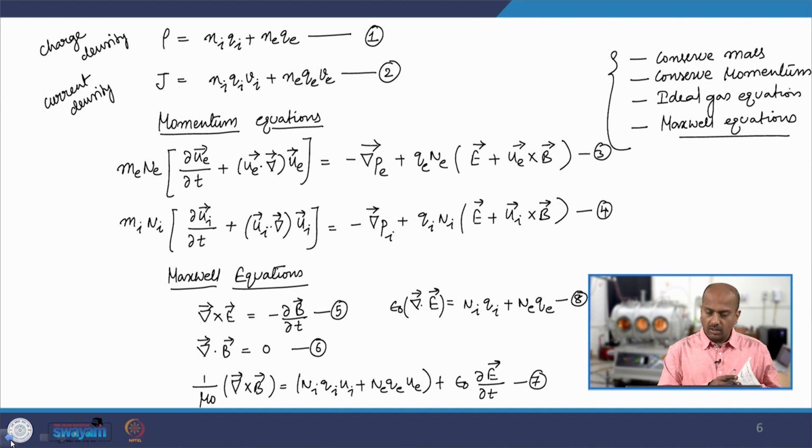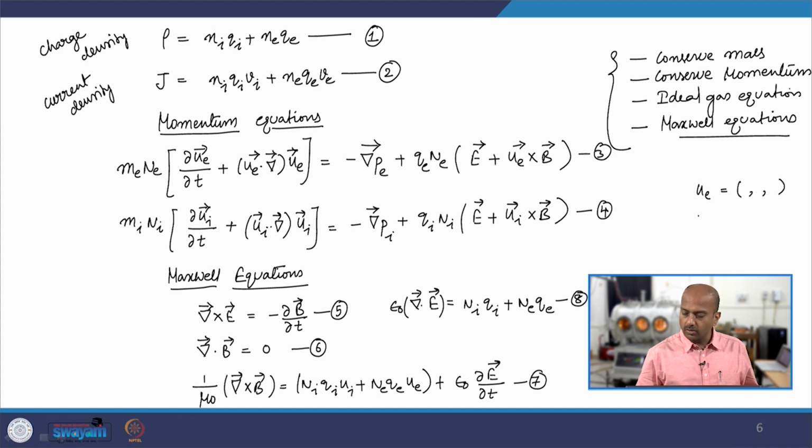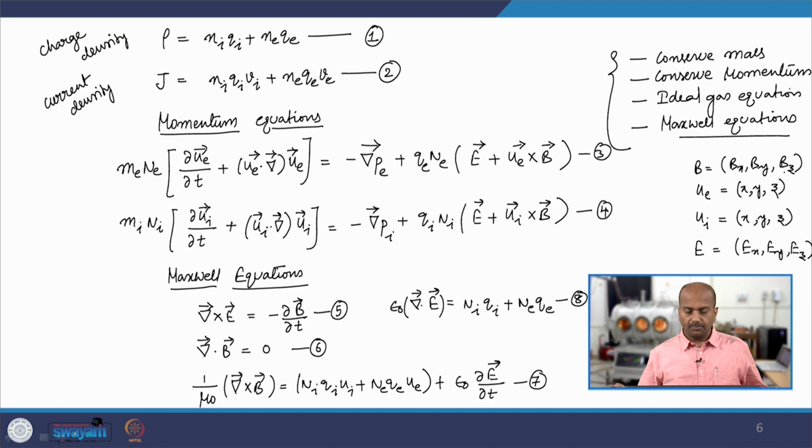First, the vector variables. The velocity Ue will have 3 components, and Ui will also have 3 components: x, y, z for each. The electric field will have Ex, Ey, Ez. The magnetic field will also have Bx, By, Bz.